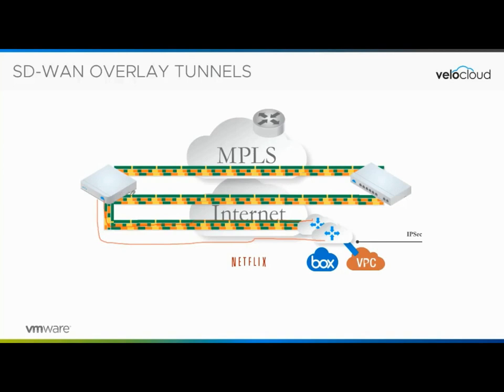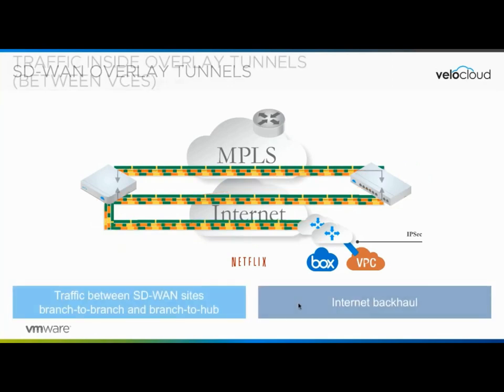Then we also build up an overlay tunnel from the edge device to the hub device. The moment you mark an edge device as a hub device, all the edge devices which are part of that profile will start building up overlay tunnels on public and private circuits. So even on MPLS, we'll build up the overlay tunnel to the hub device.